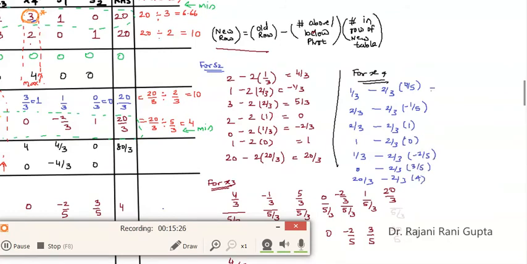When you simplify it, don't make a mistake. You can even use a calculator for this purpose, because if you make a small mistake here, it will disturb the complete solution. So we will get this number.